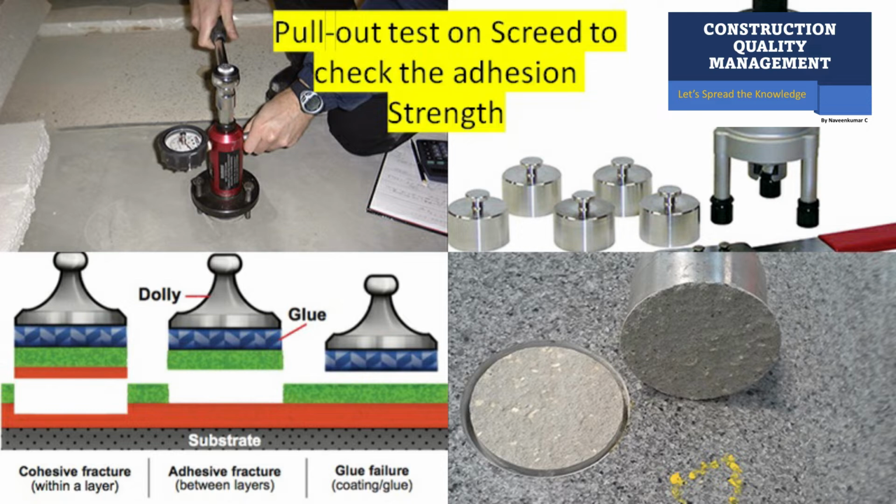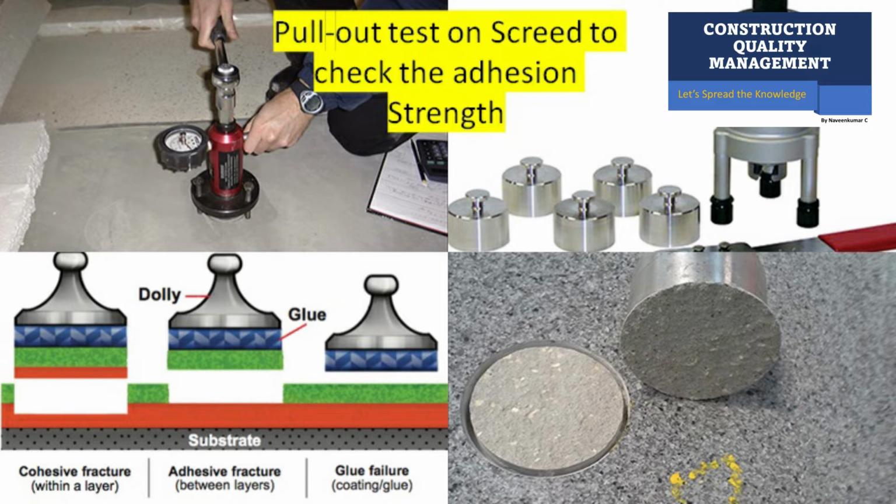At the bottom right corner, you can see a successfully completed test specimen where the glue has failed, not the screed. That means the screed is acceptable.